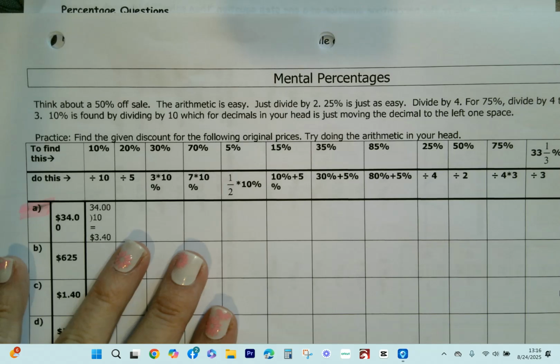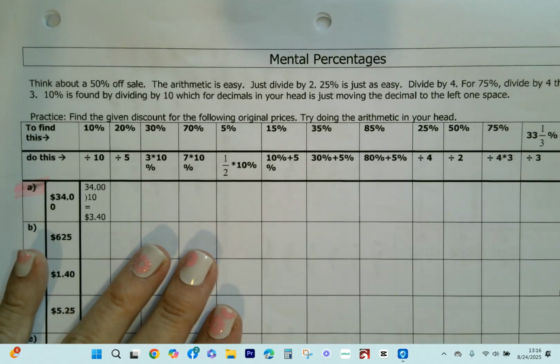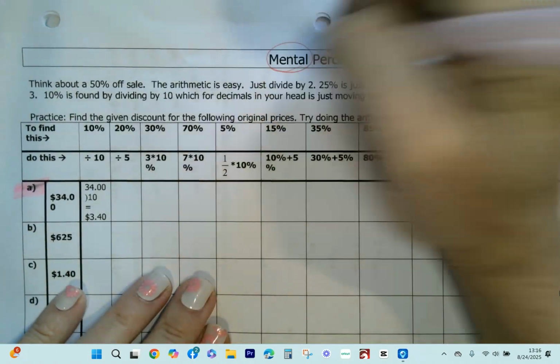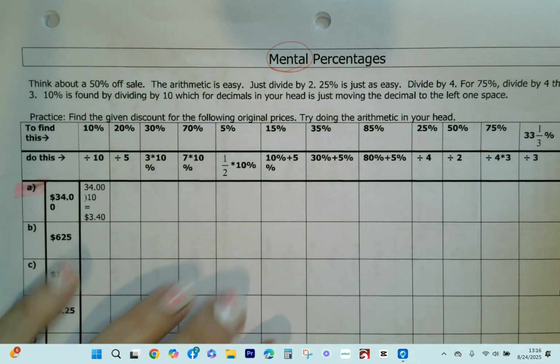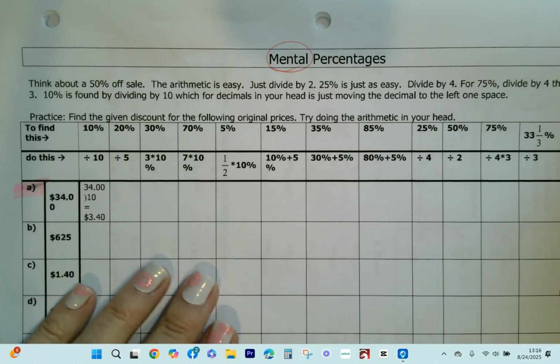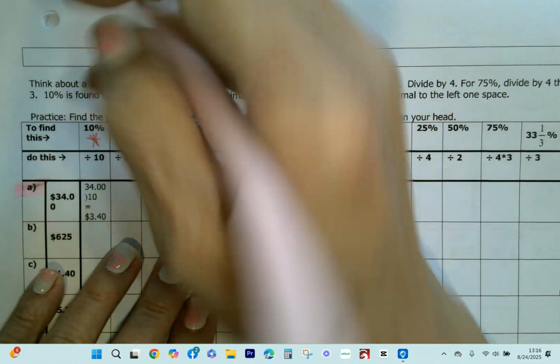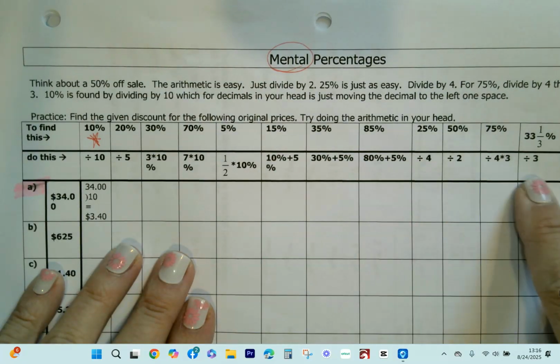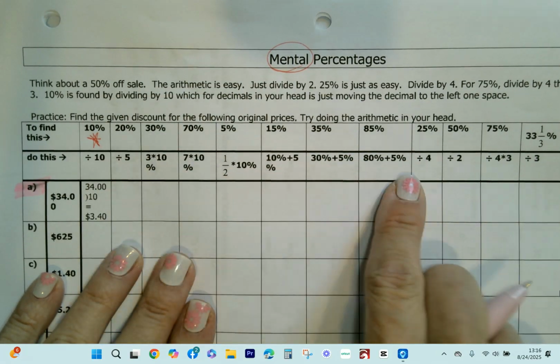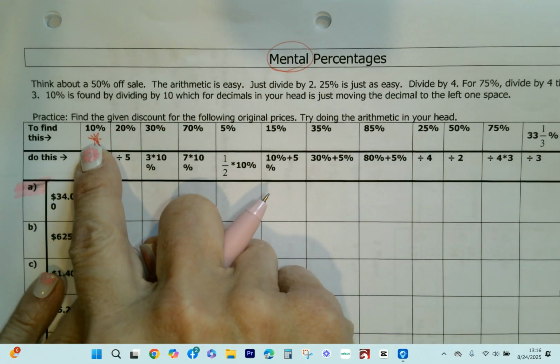Okay, so mental percentages. A lot of times I like to think of these as, when you're shopping or needing to do some quick math for banking. But basically, most of this is pretty accurate, but there are some of these on here where I actually kind of go back to that 10% rule.